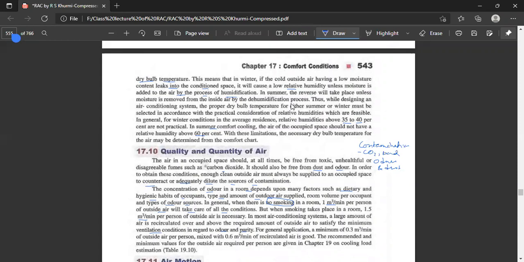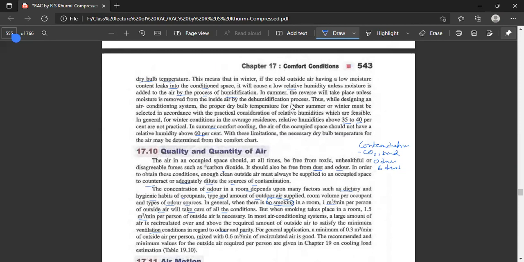For general application, a minimum of 0.3 cubic meter of outside air per person mixed with 0.6 cubic meter of recirculated air is good. So we are not expected to supply total fresh air to the room, but we can recirculate our earlier air, while supplying a certain amount, say 0.3 cubic meter, and adding recirculated air of around 0.6 cubic meter per minute.